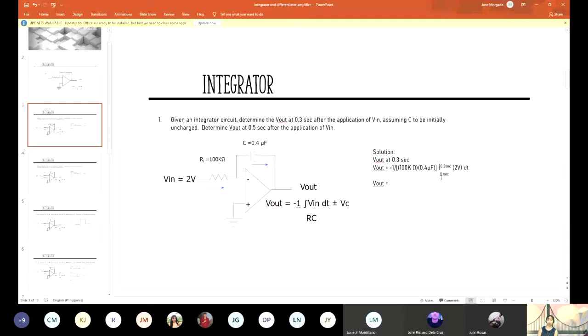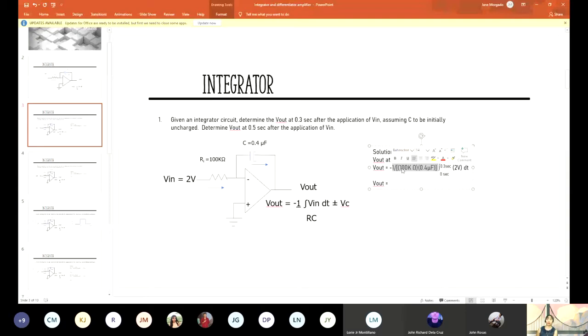What is the value of this? 100K times 0.4 microfarad.